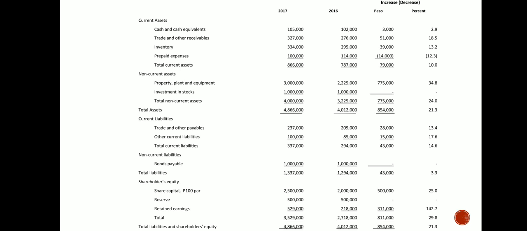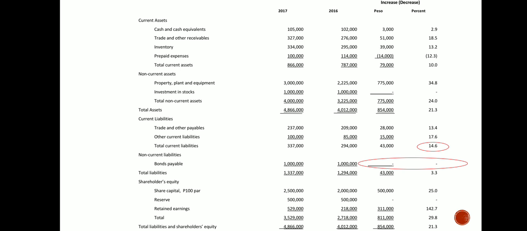So the claim of the short-term creditors is reflected in the current liabilities, which increased by 14.6%. And then there was no movement in the claims of long-term creditors, since the bonds payable in 2016 is 1 million, and in 2017 it is still 1 million.